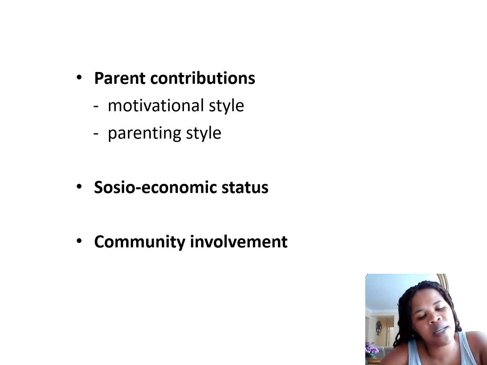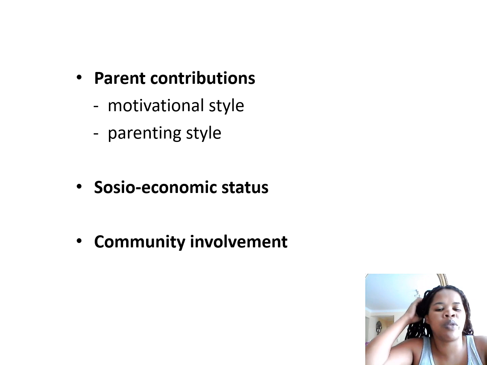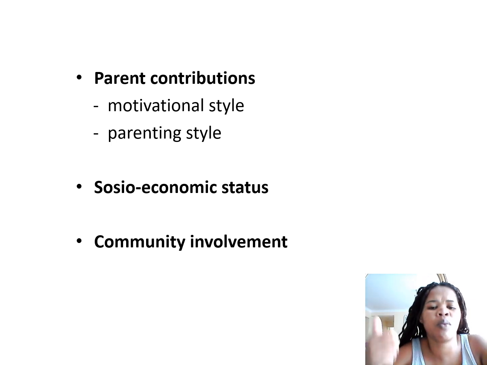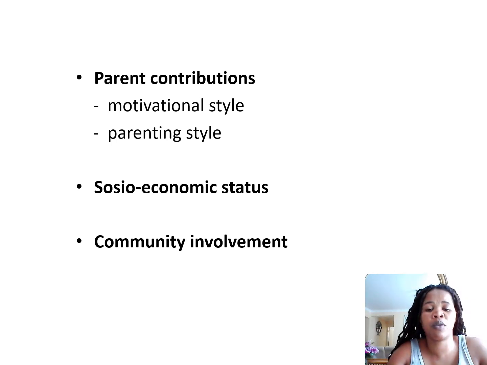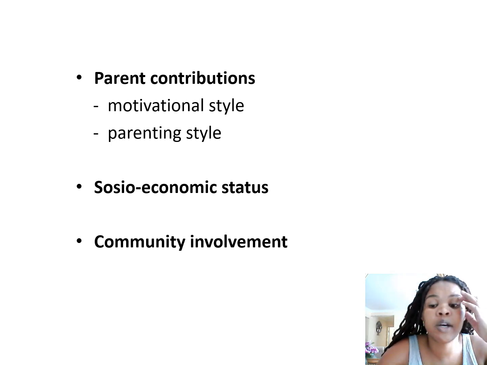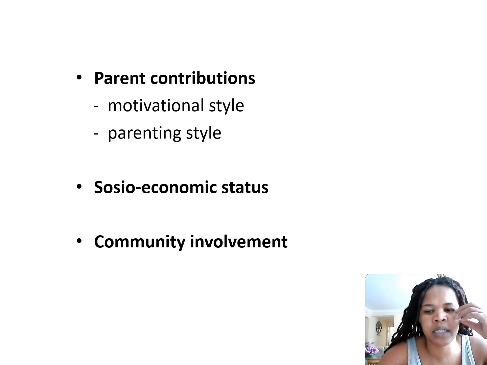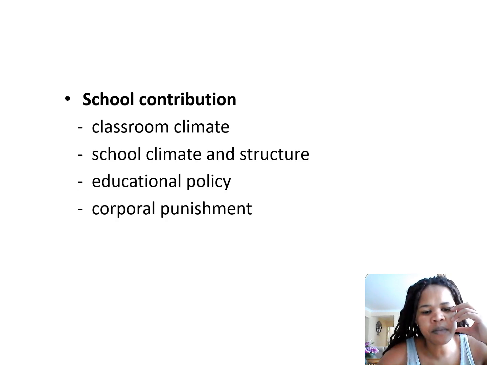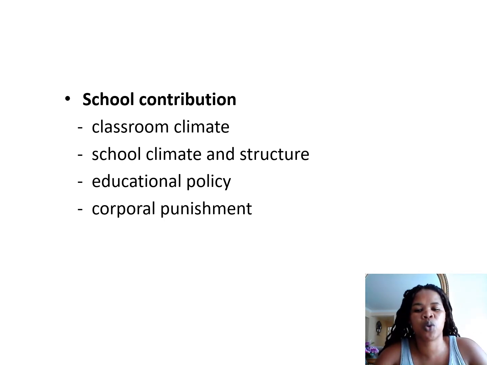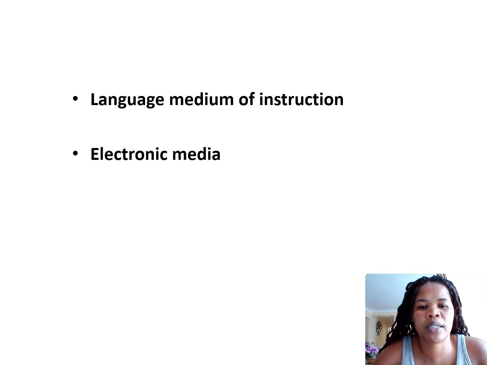Socioeconomic status, we live in South Africa, we know this very well, also contributes to the development of the child, especially cognitive development, and where the child goes to school, where the child grows up, what the child is involved in and is exposed to. Community involvement in raising children is also important. School contribution, the classroom climate, the type of teacher, whether there's corporal punishment, educational policy in schools, those are all very important.